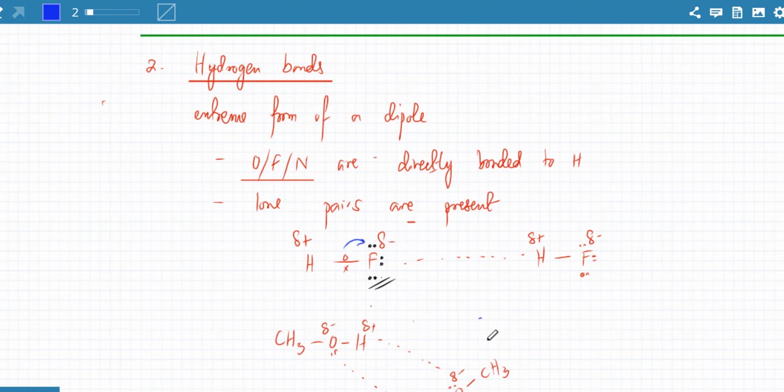Is this idea clear? Yes, sir. So, they are an extreme form of the same idea of a dipole, just an extreme version of a dipole. Plus, they also have these very negative lone pairs on them, so that kind of increases the negative charge even further. So, is this clear?